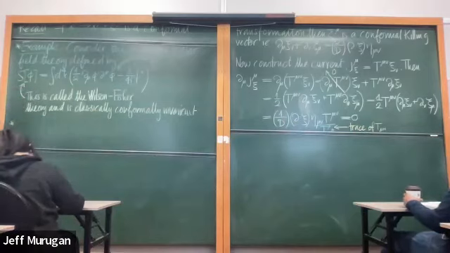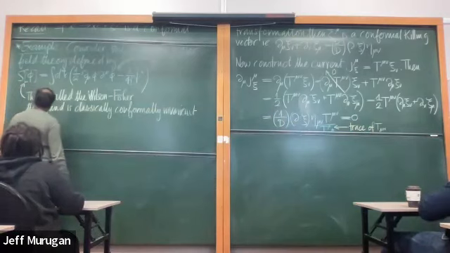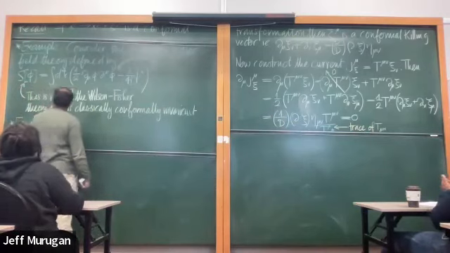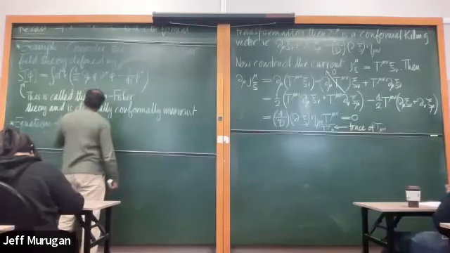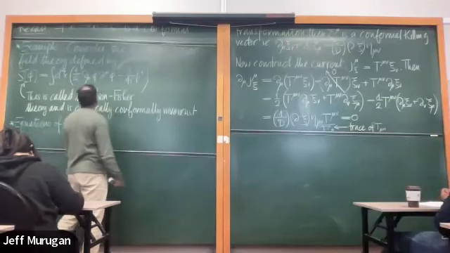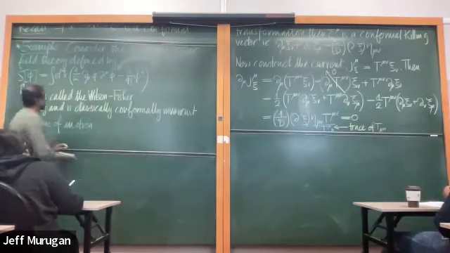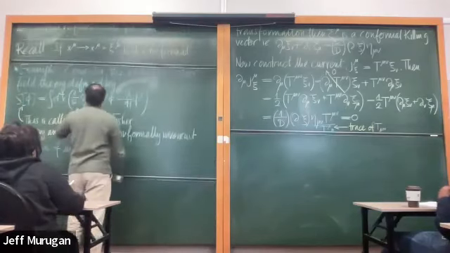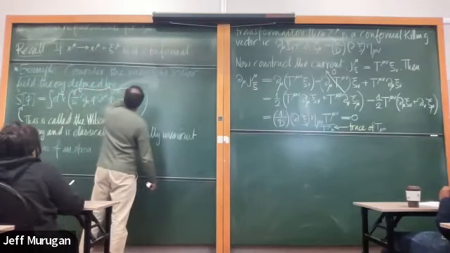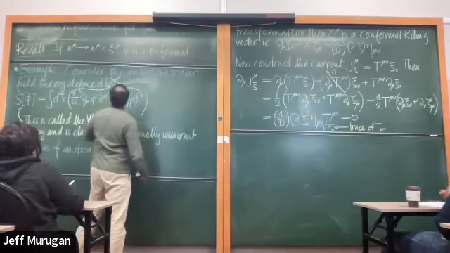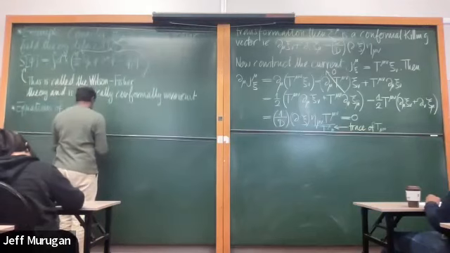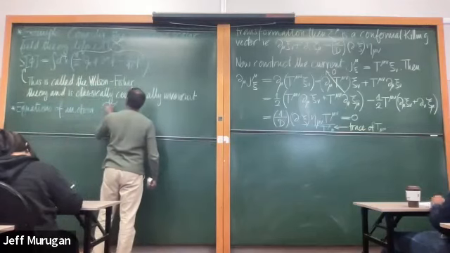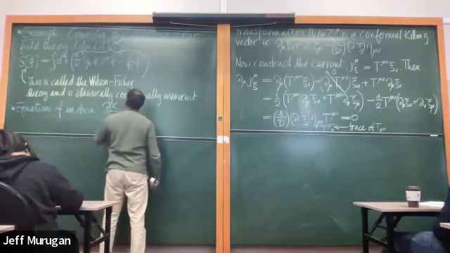So the first thing is we need to calculate the equations of motion. The Lagrangian density associated to this action, we can call L. Calculate ∂L/∂φ.